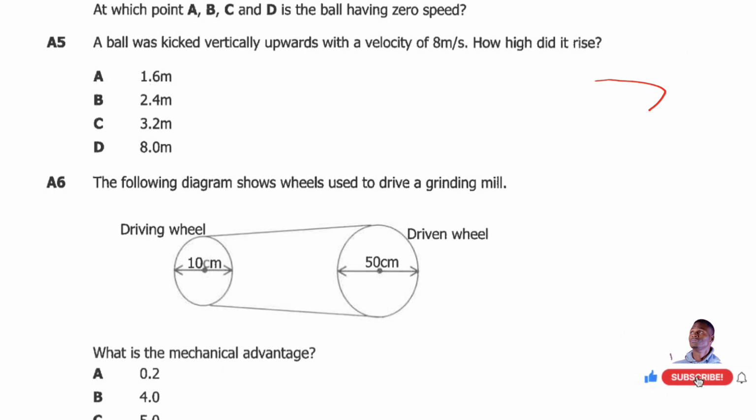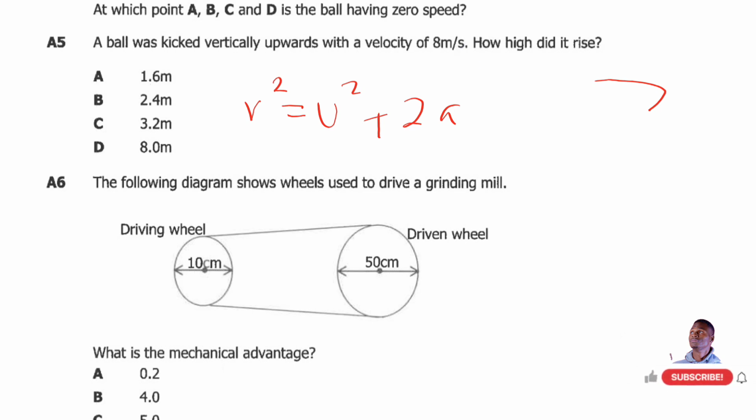The formula is very simple. The formula we're going to use is for where there is no time, we don't have time here, and we also don't have mass. So velocity squared, the final velocity, is equal to initial velocity squared plus 2as, or ax, just the same.